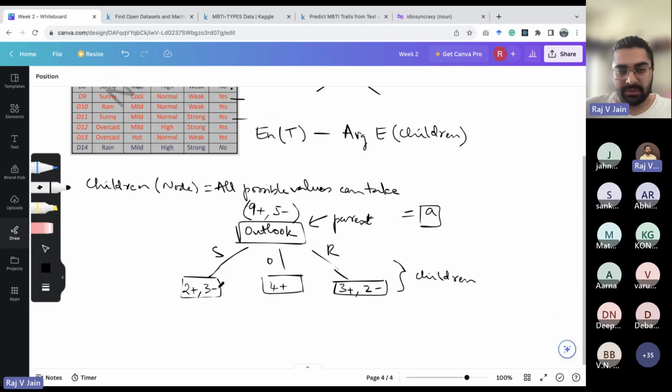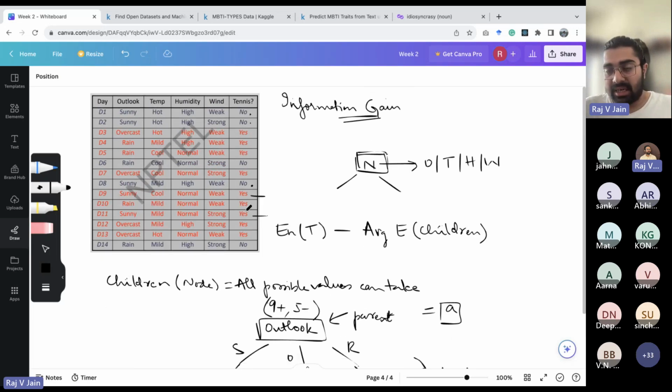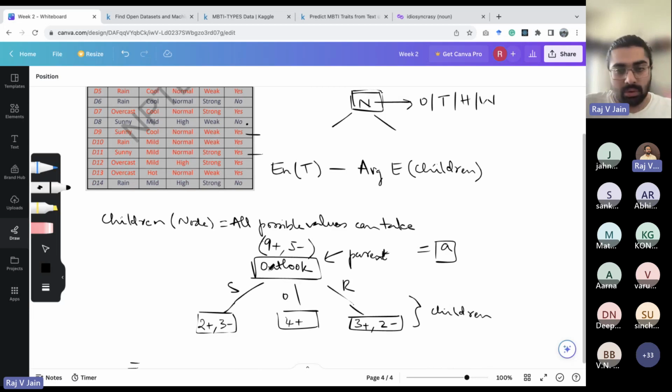First we want to look at the entropy of this particular node. How will we calculate the entropy here? Same thought process: I have 5 total values, among them 2 are positive and 3 are negative. And here again, we are calculating the entropy of the tennis variable. That is our decision variable always, so don't get confused thinking of outlook.